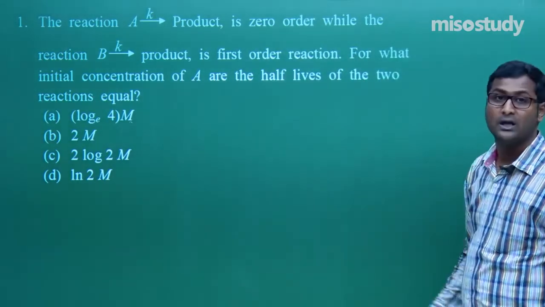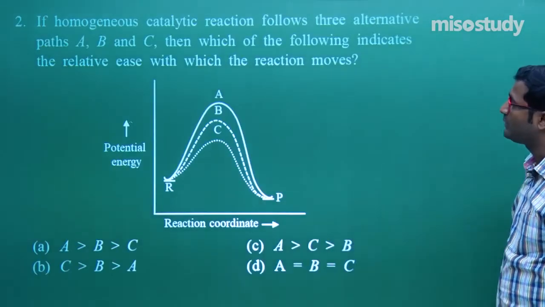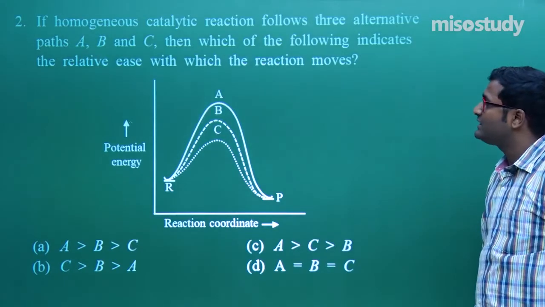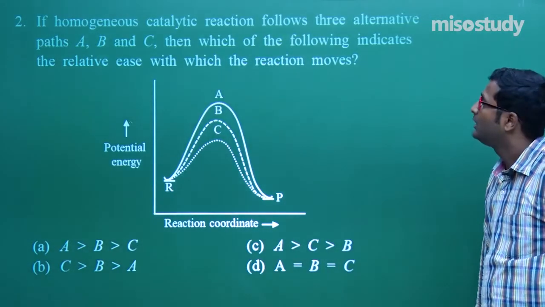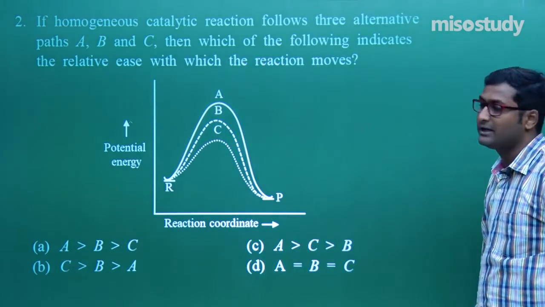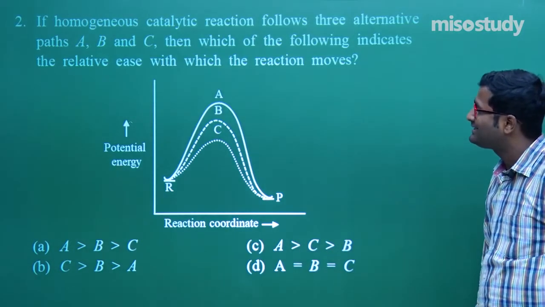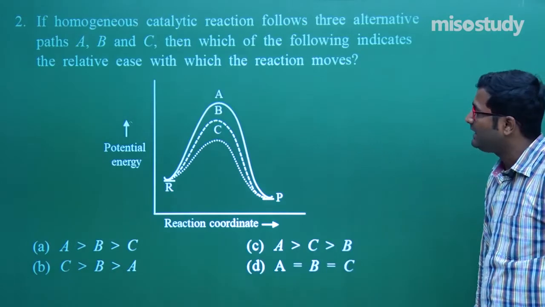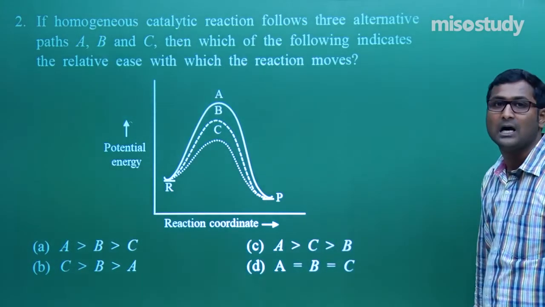Now let's move to the next question, question number 2. Read the question carefully, what is given here. If a homogeneous catalytic reaction follows three alternative paths A, B and C, then which of the following indicates the relative ease with which the reaction occurs?